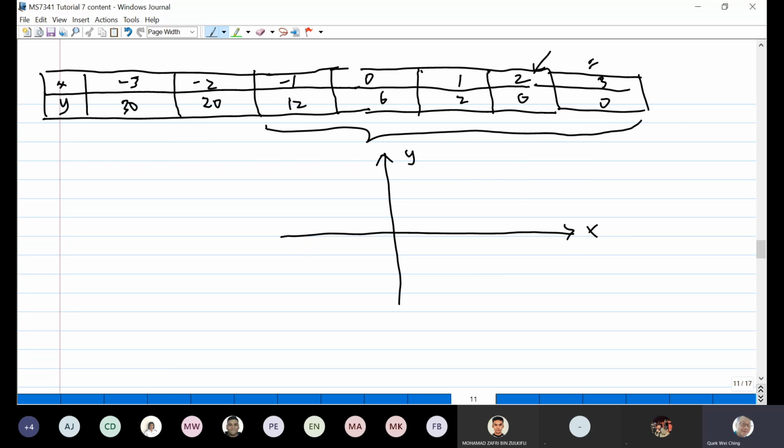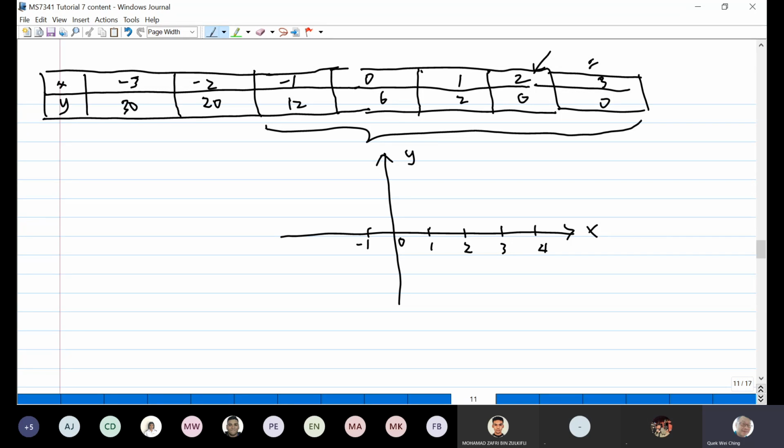Okay, so I'm going to use a different scaling now. I can use -1, 0, 1, 2, 3. And then you can continue by 4, and so on. Now for -1 you get 12.